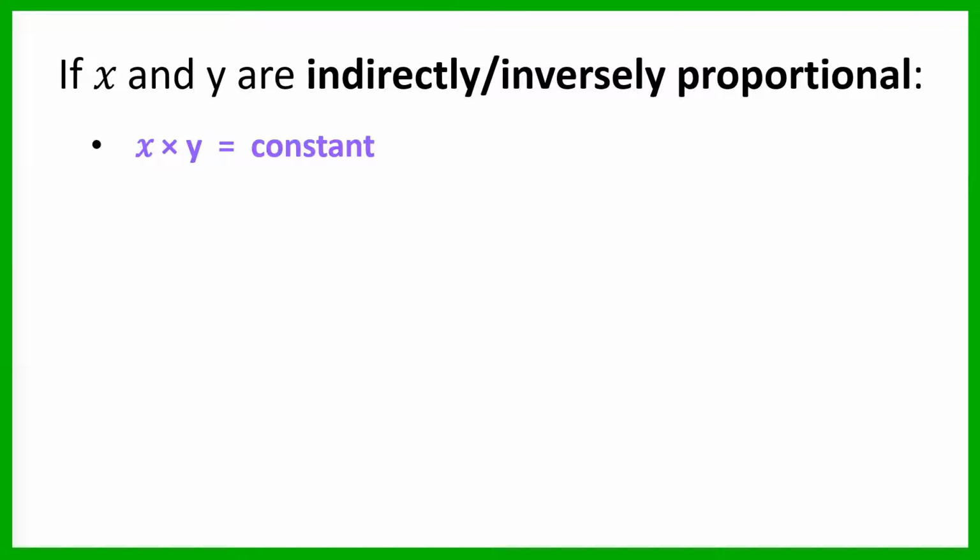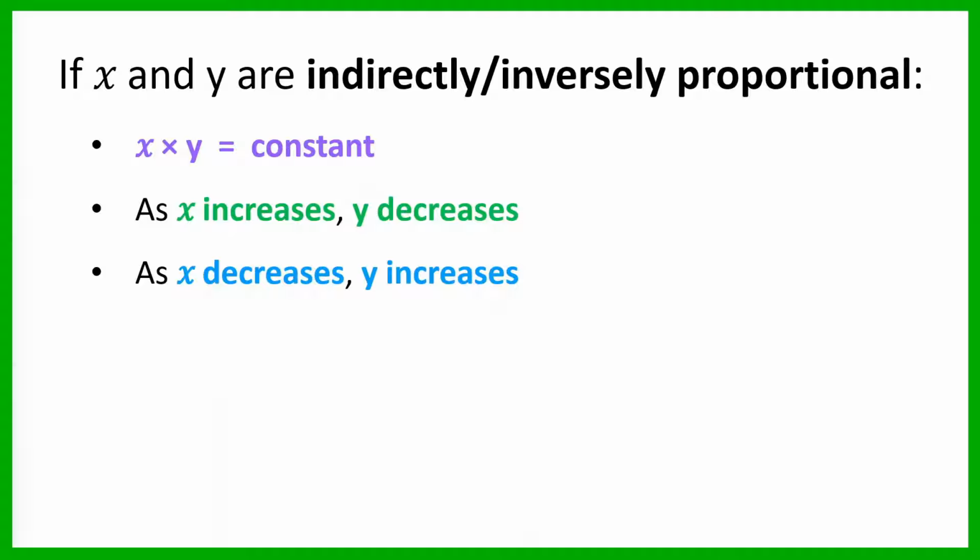So when you have direct proportion, you divide the two variables to get a constant. When you have indirect or inverse proportion, you multiply the two variables together to get a constant. Okay? As x increases, y decreases. So as the one variable increases, the other variable decreases.